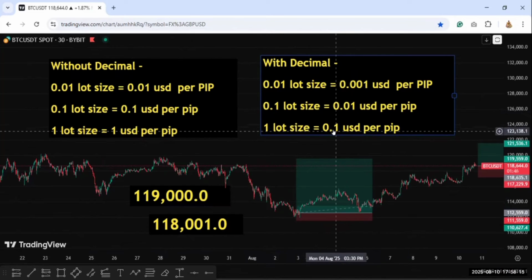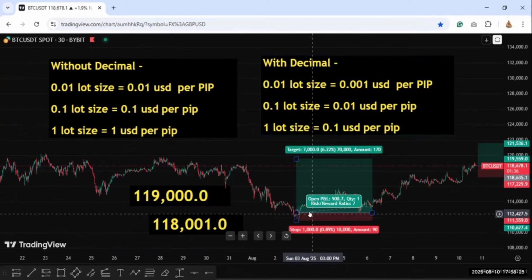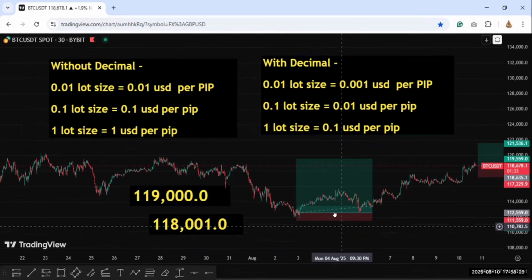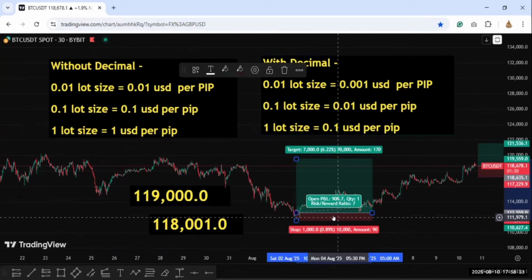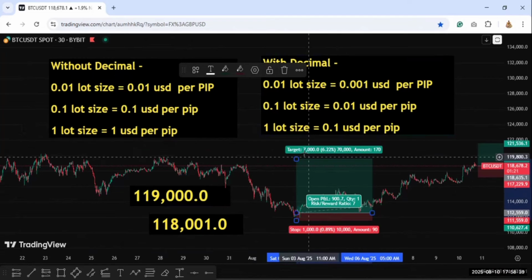So if you are risking 10,000 pips, it's going to be 10,000 times 0.1, which means when price goes against you by 10,000 pips, you are going to lose $1,000. But if it goes in your favor, then you are going to get $7,000 when price moves in your direction. That is how to go about it.